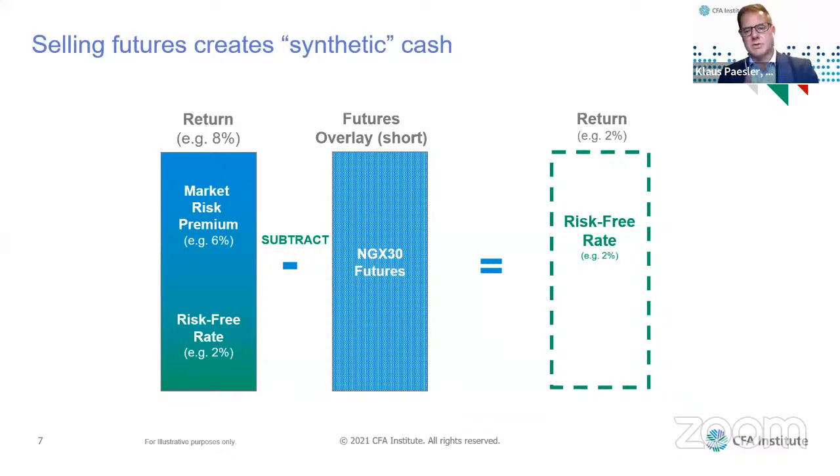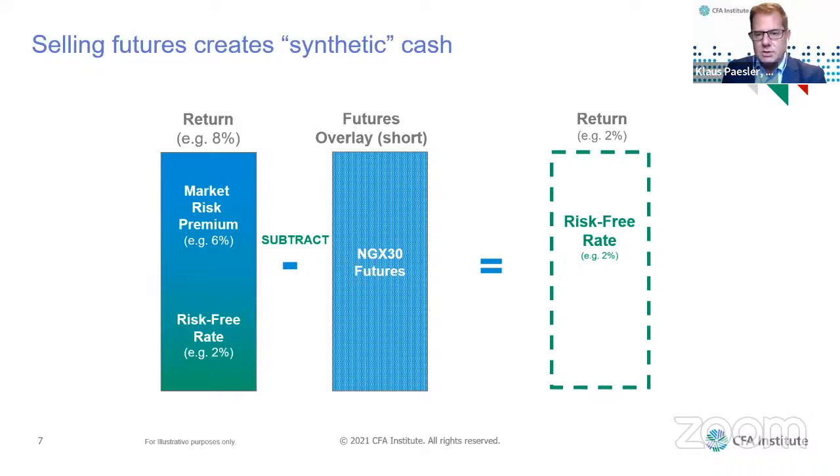Now, this can be reversed as well, giving you synthetic cash. So in this case, if we look at the return, basically swapping these boxes, if you will, on the left side, the return, that 8% that we spoke of before, you get the market risk premium, 6%, and the risk-free rate, as if I was purchasing those physical securities.